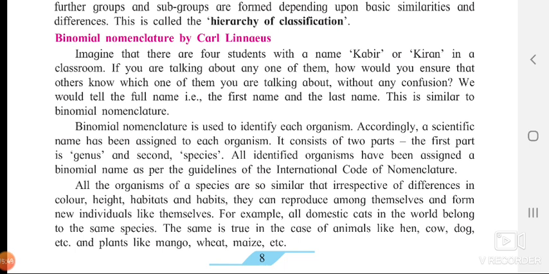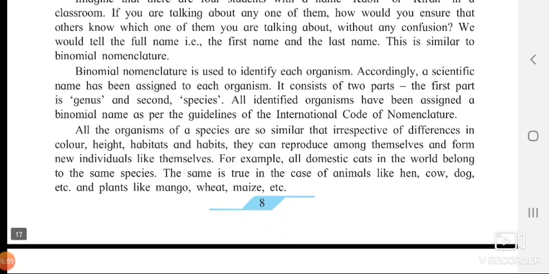So when you are deciding anyone's name according to the binomial nomenclature, there are 2 parts: the first part is the genus and the second part is the species. All identified organisms have been assigned a binomial name as per the guidelines of the International Code of Nomenclature.